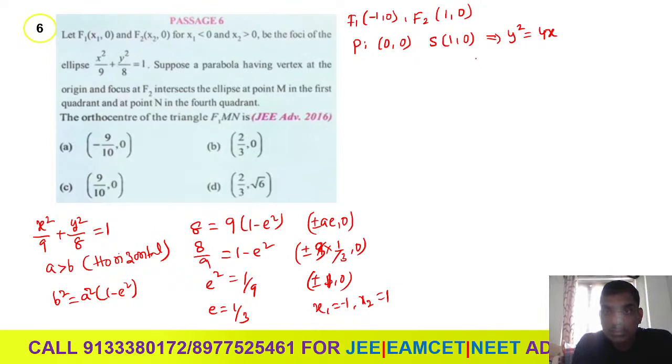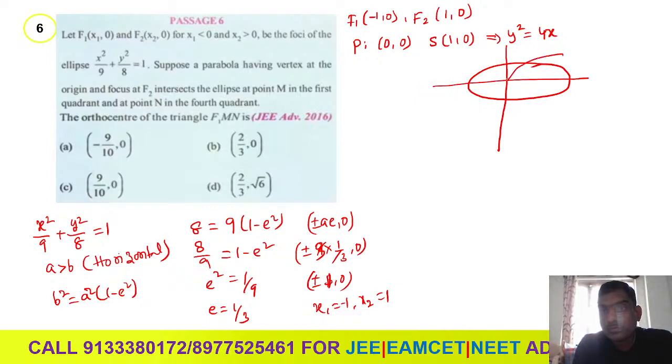Let us do it like this. Ellipse. They are saying that this is M and this is N. This is y square equal to 4x. And x square over 9 plus y square over 8 is equal to 1. Okay, now here the focus is 1 comma 0.